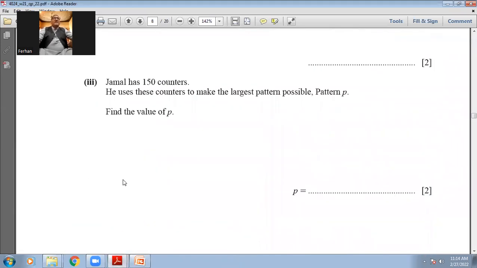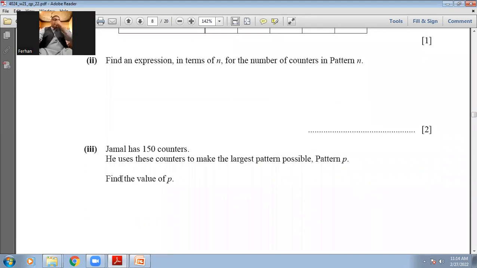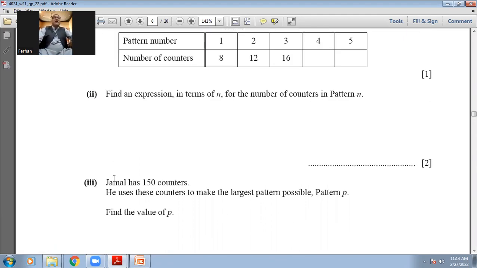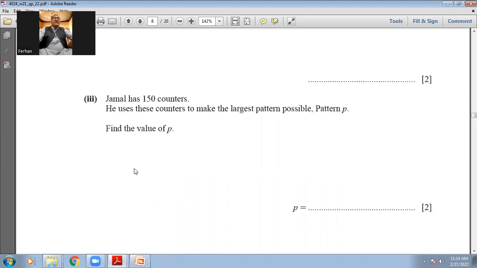Okay, so the next part. He says Jamal has 150 counters. He uses these counters to make the largest pattern possible, pattern P. Find the value of P. The nth term was 4n plus 4. So I will write 4P plus 4 is less than or equal to 150.